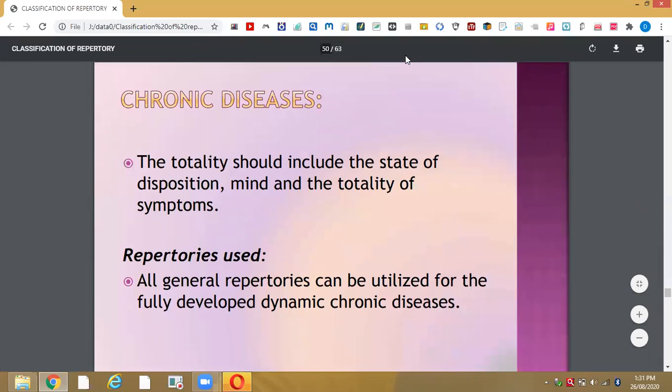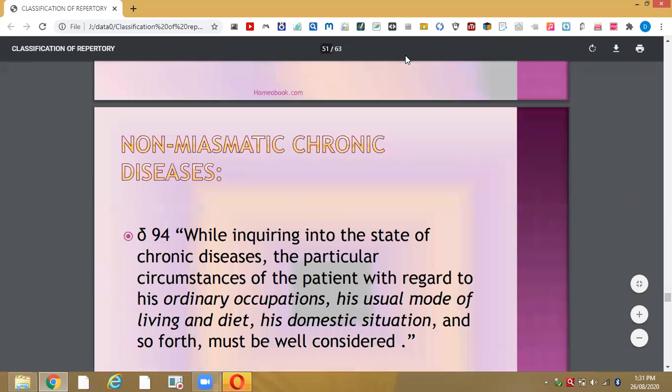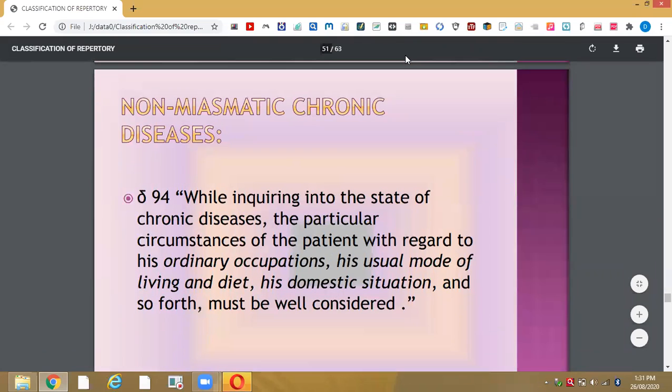Then in chronic diseases, all general repertories can be utilized for the fully developed dynamic chronic diseases. Why do we choose the general repertory in chronic diseases? Because in chronic diseases, we should consider the person as a whole. We treat the individual.